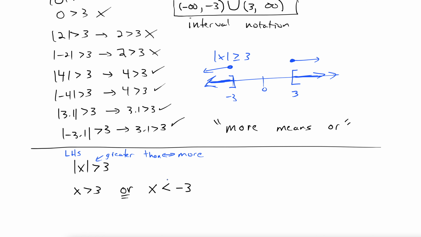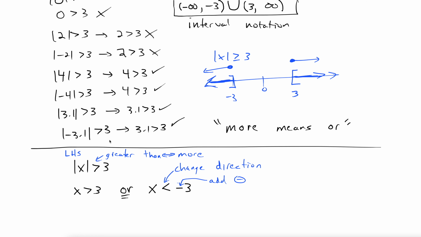So what did I do there? I changed the direction of the inequality, and I added on a negative. That is what you do, and then that will give you what you need to graph these things and do their interval notation.